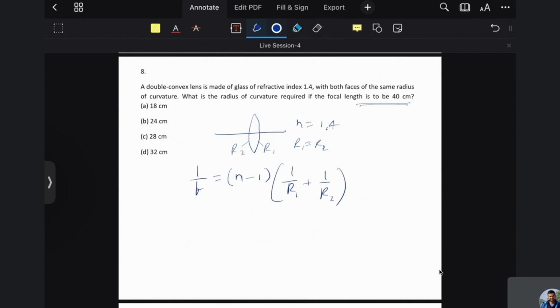Now we want a focal length of 40 centimeter.